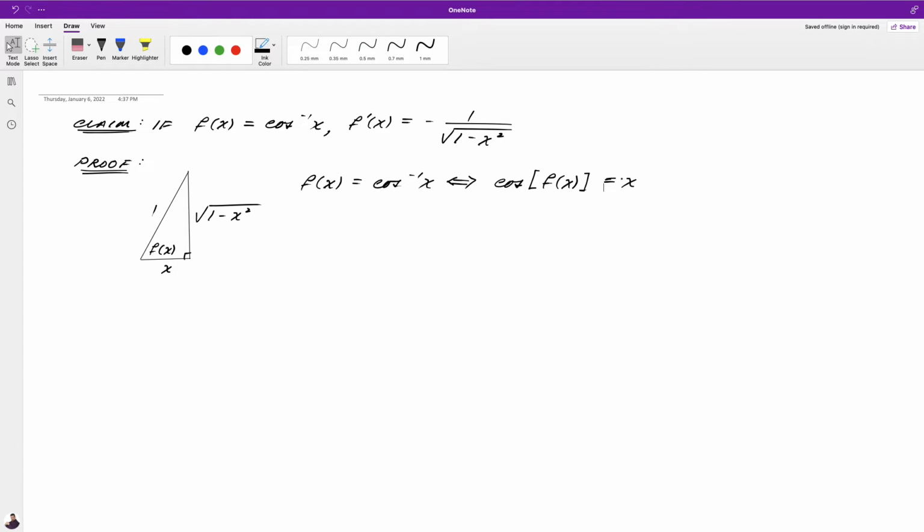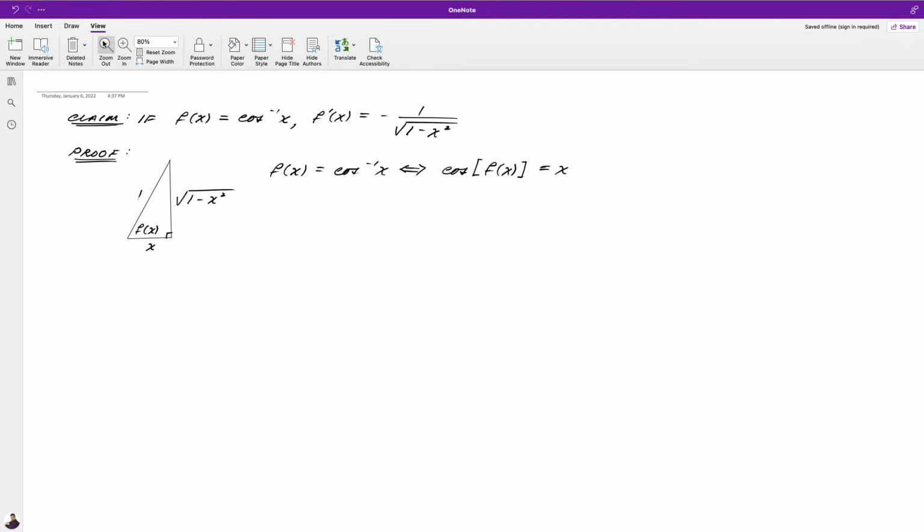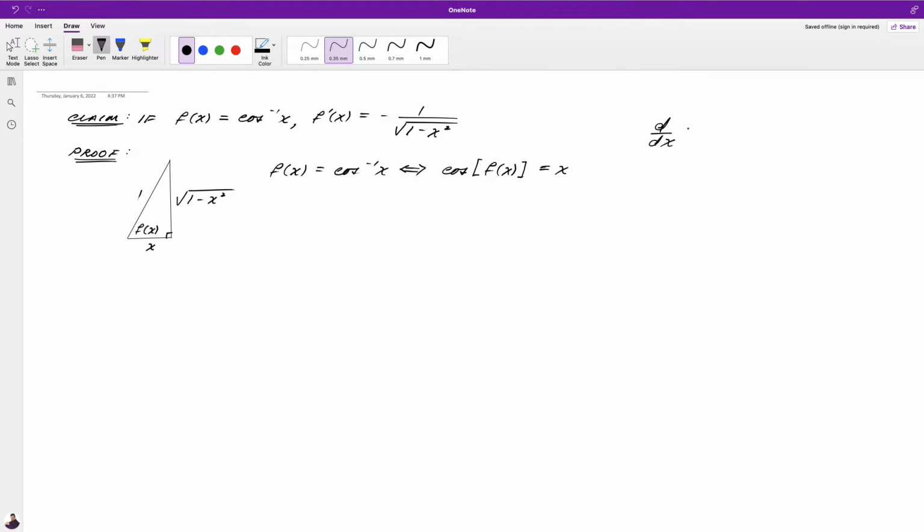Okay, very good. Now, I am going to be using the following derivatives that we have proven in past videos, so feel free to access those if you so desire. d dx of cosine x is equal to negative sine of x.